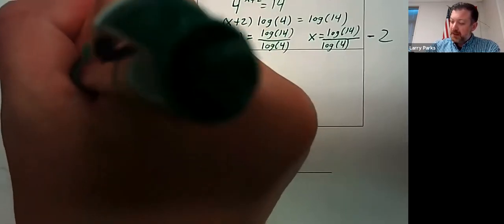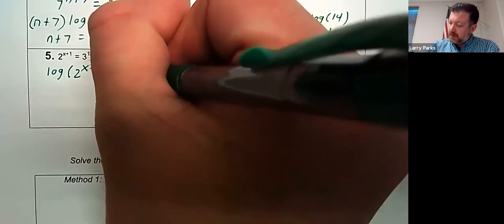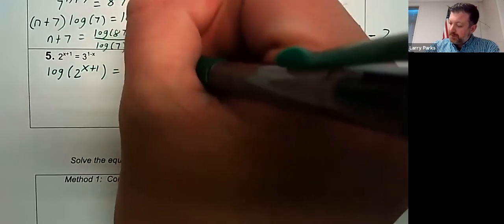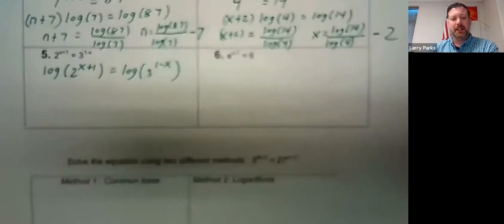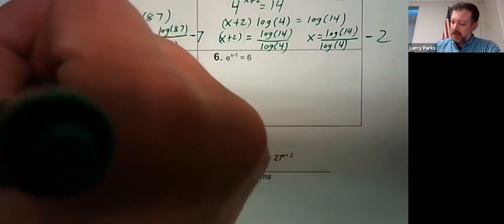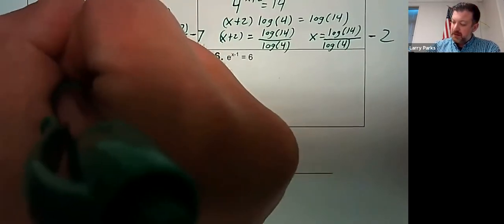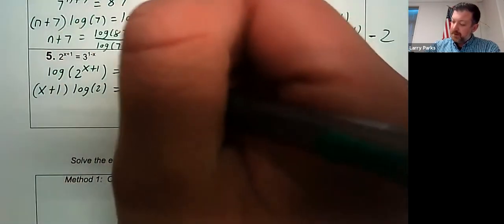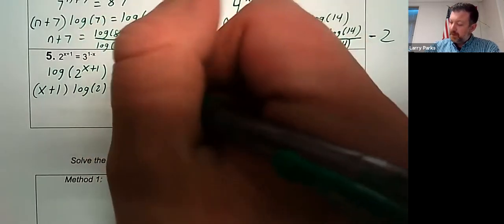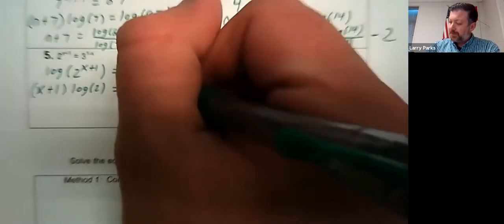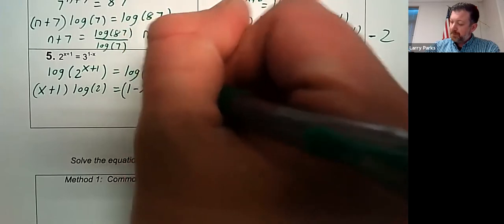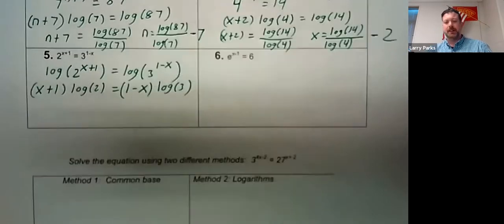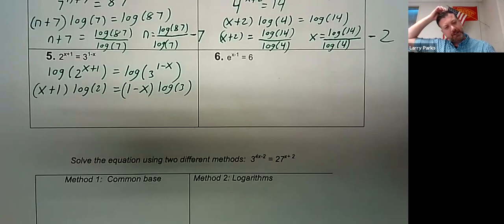So I take the log of both sides, and when you take the log of both sides, the exponent can come down. All right, this is similar to that problem we had earlier.